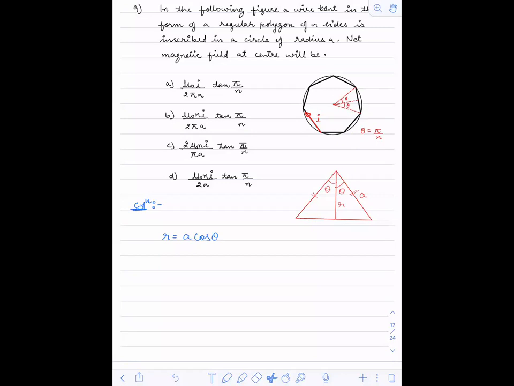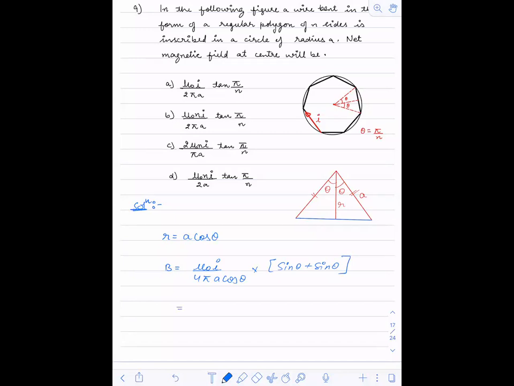Don't worry about that. Now the magnetic field value, how will I calculate it due to this wire? You just see mu naught I by 4 pi r. What is r? The r value is a cos of theta. Into, within brackets, sine of theta plus sine of theta, so I will write it as 2 sine of theta.